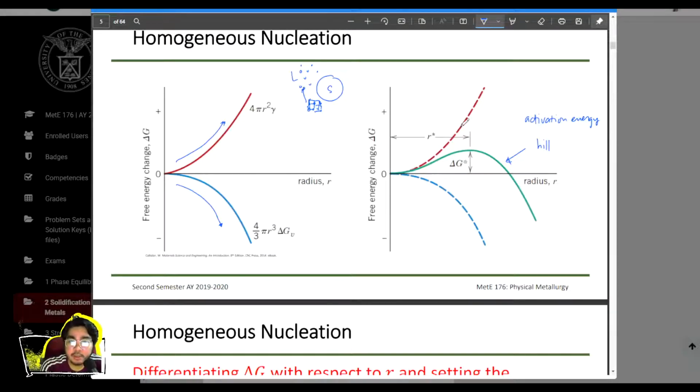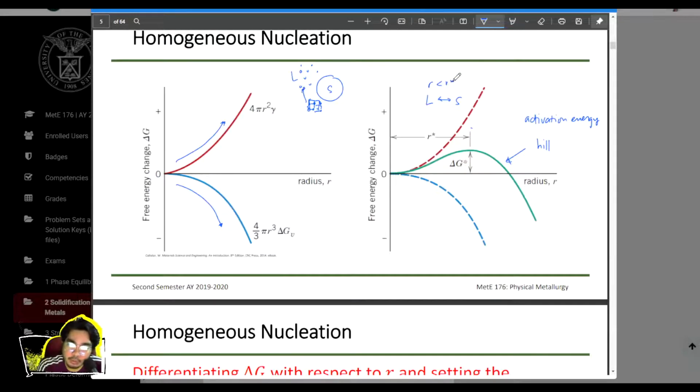So anything before this, so kung R is less than R star, you can expect na reversible pa yung reaction, no? Na parang yung liquid can turn to solid, pero yung solid na yun can revert back into liquid, redissolve lang din siya.